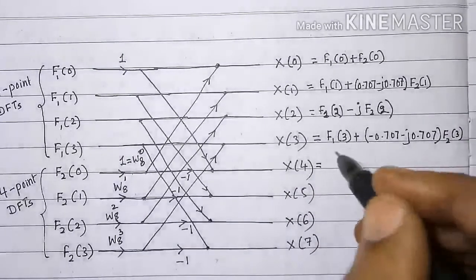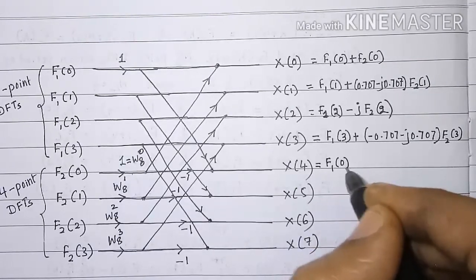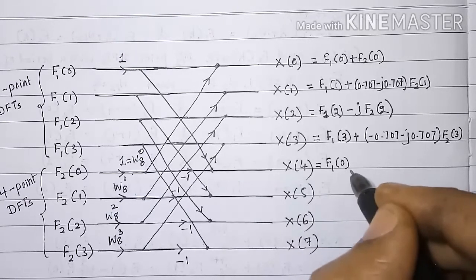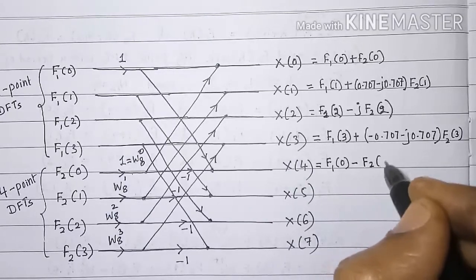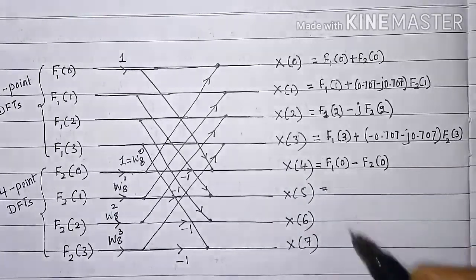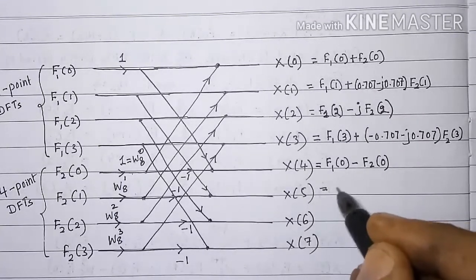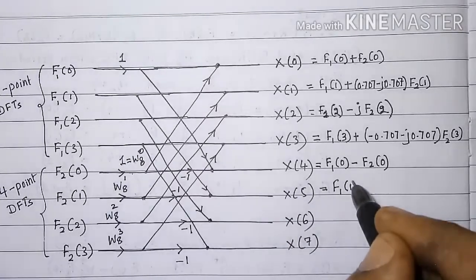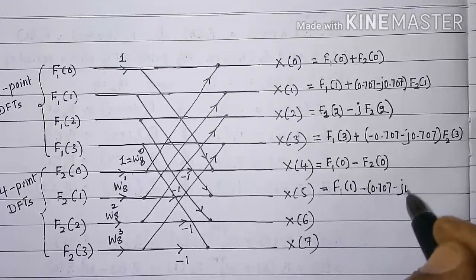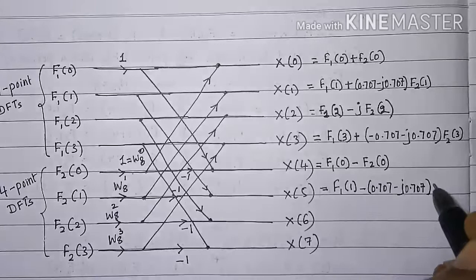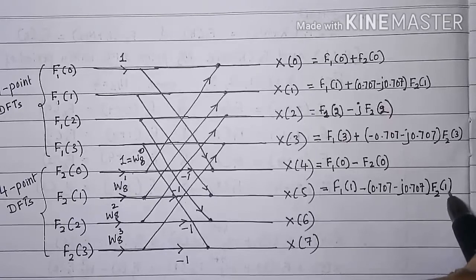X of 4 equal to f1 of 0 minus f2 of 0. X of 5 equal to f1 of 1 minus 0.707 minus j 0.707 f2 of 1.